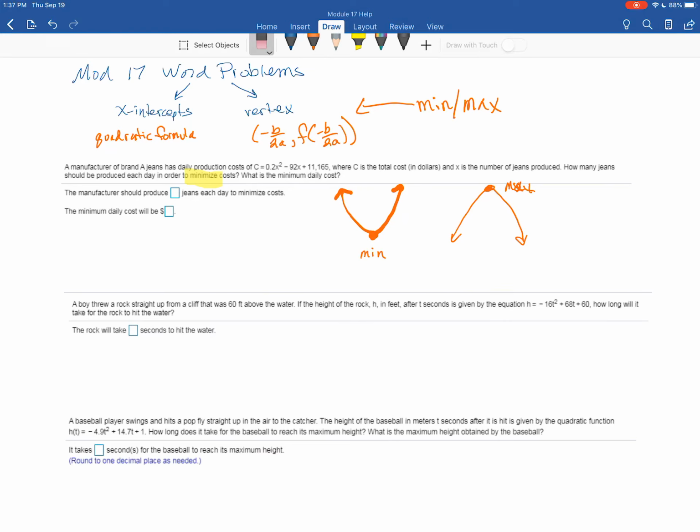So if they ever are asking you to find a minimum or a maximum amount, then you are finding the vertex. I would use my vertex formula to solve that question. Okay, so let's look at the next one.